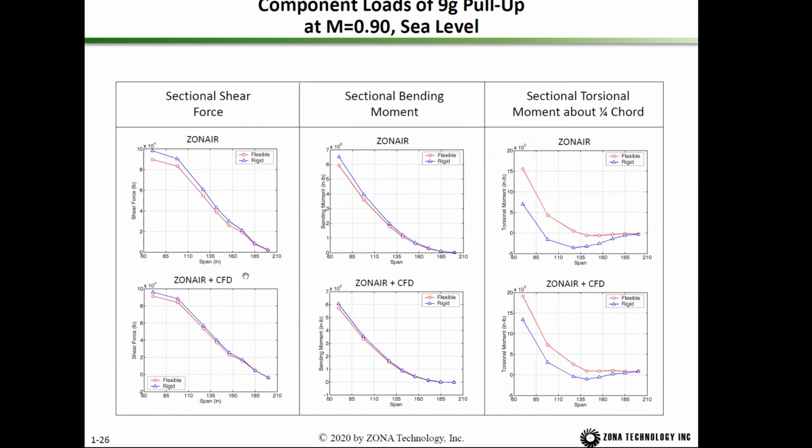And then we can compute the section loads. This is a sectional shear force along the wingspan. This is a bending moment along the wingspan. This is torsion moment about the elastic axis along the span.